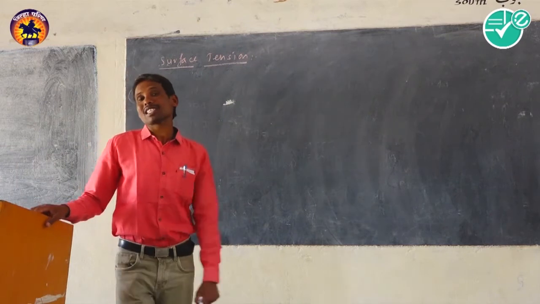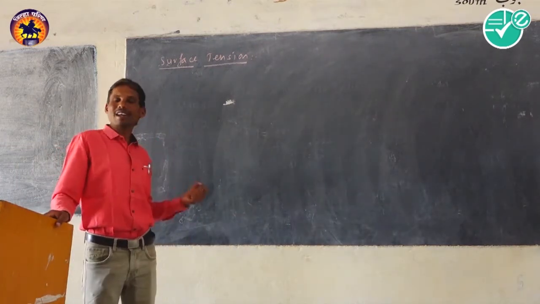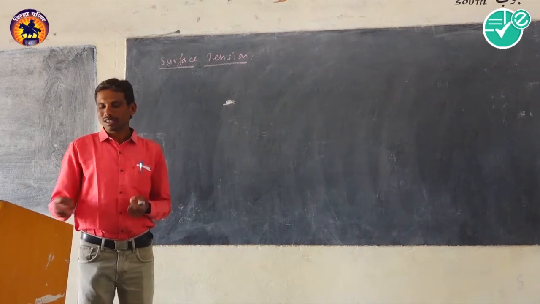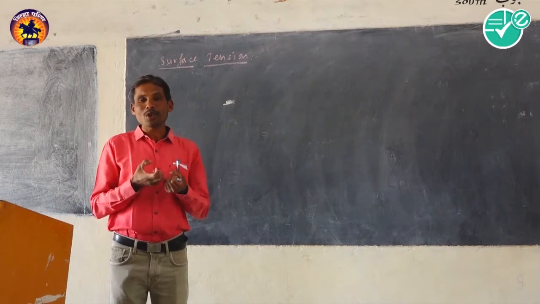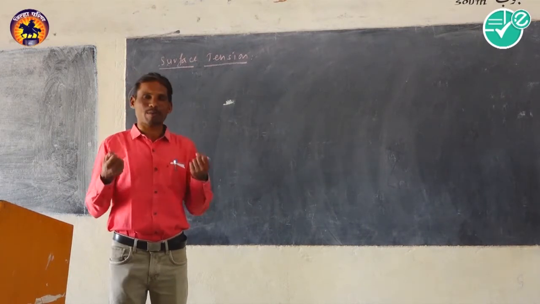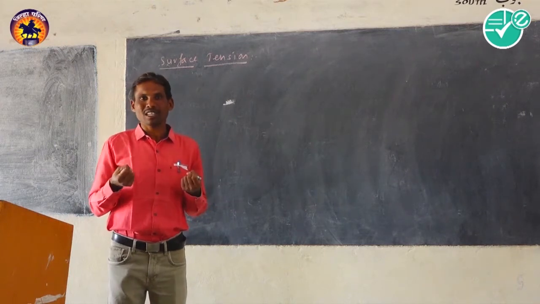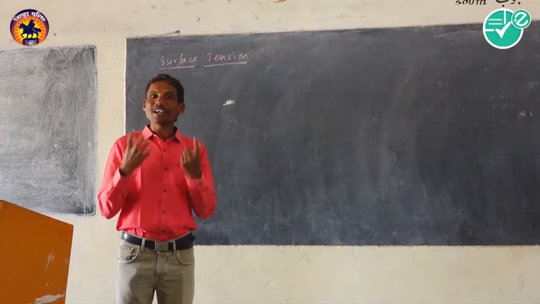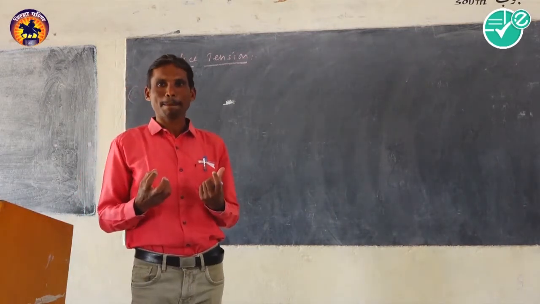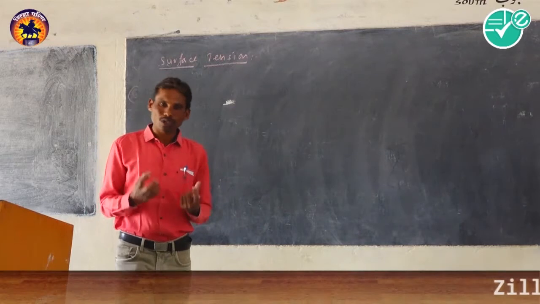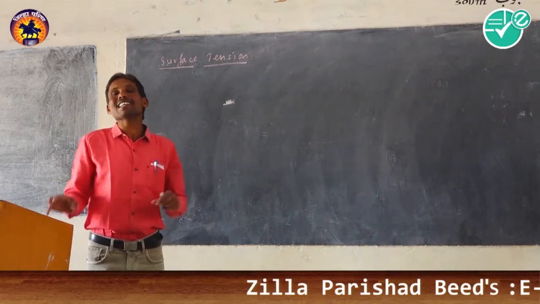But we must understand surface tension mathematically. What is the mathematical definition of surface tension? I have said the free surface of the liquid behaves like a stretched elastic rubber. If the rubber is stretched, the intermolecular forces developed inside that rubber are tangential in nature.